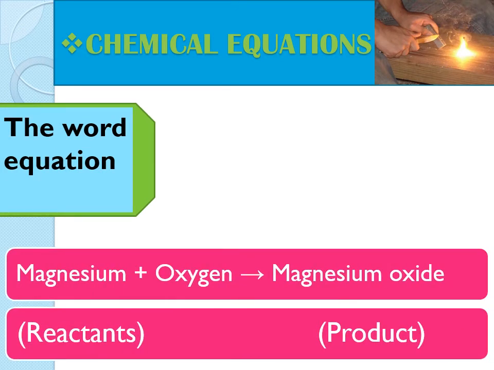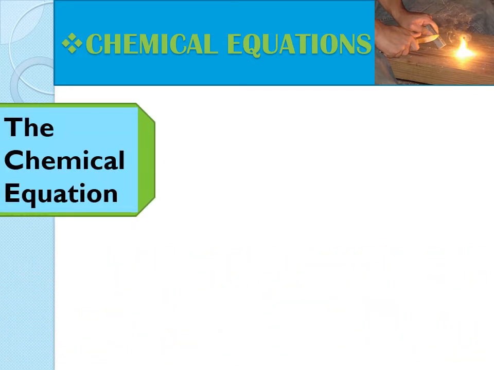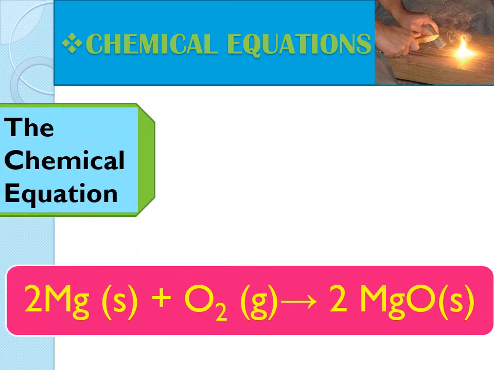When any chemical change is represented in terms of words like this, it is called word equation. Indicate that magnesium react with oxygen to form magnesium oxide. But this representation can be made shorter, and it will be good idea if we represent same change in terms of symbols and formulas of all participating entities like this, and this is called the chemical equation.